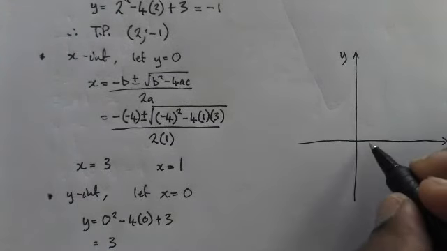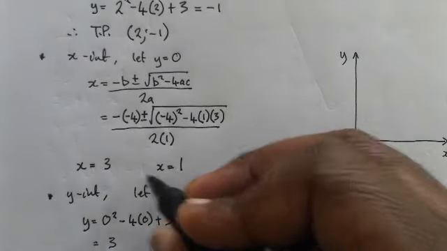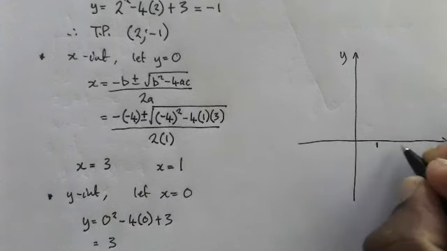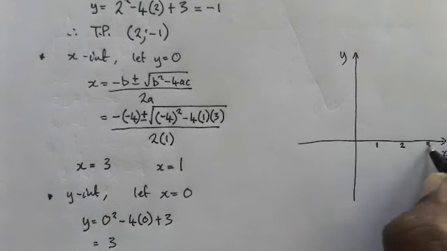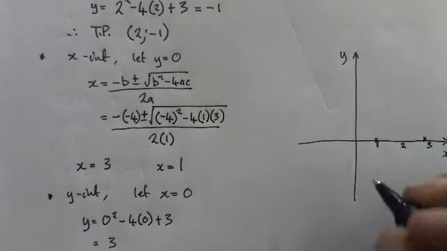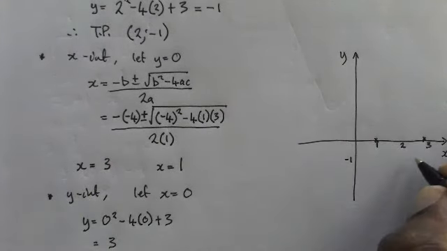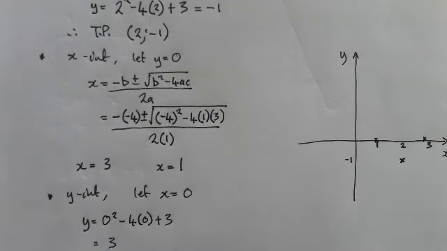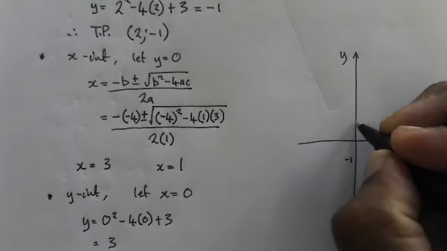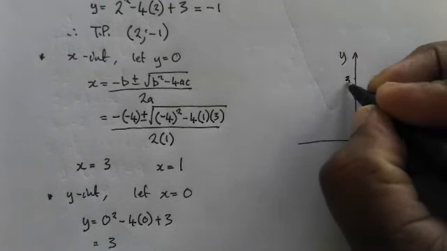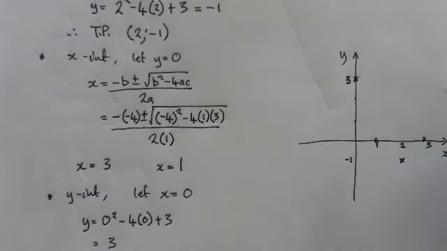This is the x-axis, with our x-intercepts at 1 and at 3. So let's say 1, 2, 3. I kept these 2 because I can see that's where my turning point is. It's going to go hand in hand with the negative 1 on the y-axis, so that's here. And the y-intercept we found to be 3, so 1, 2, let's put 3 on here.